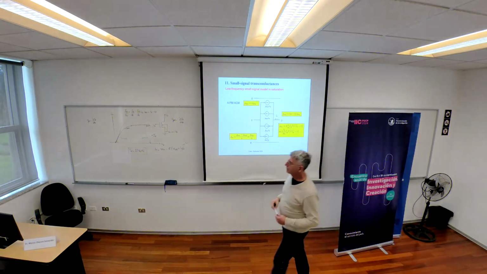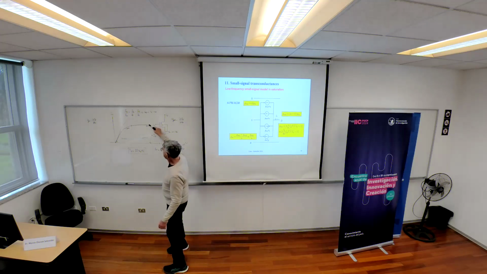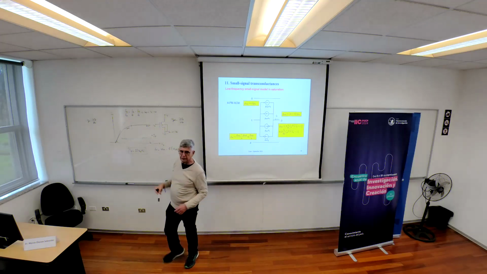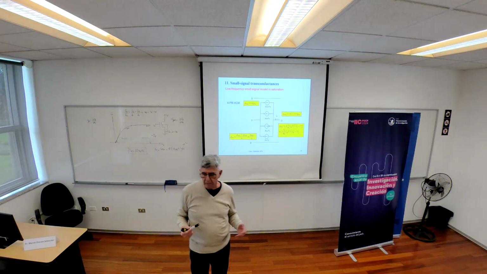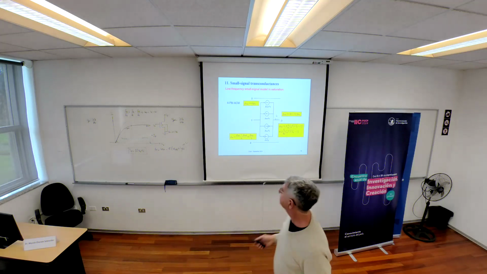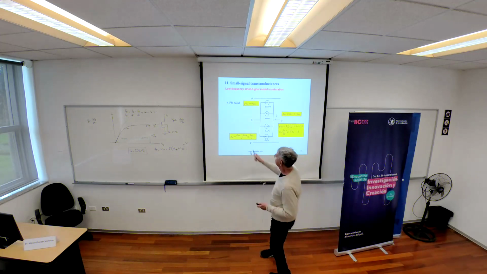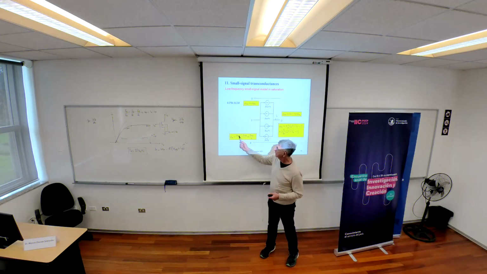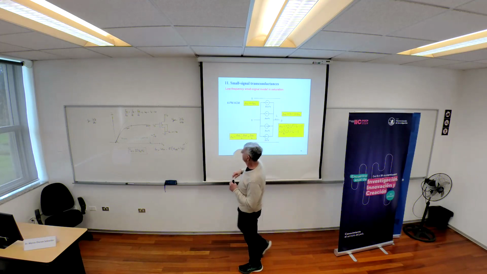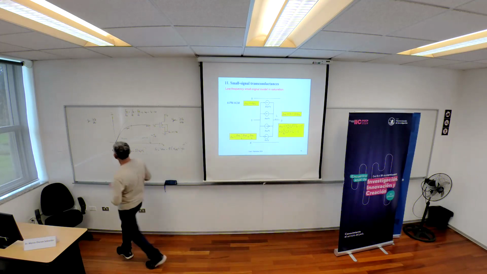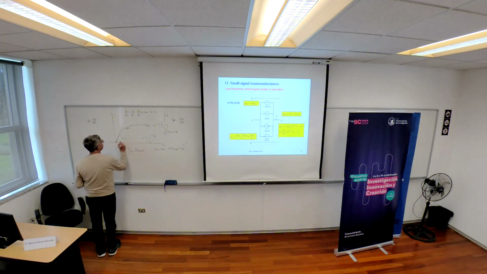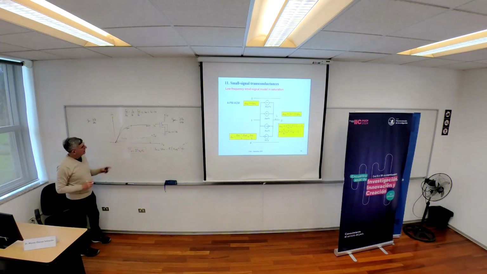Operation in this region means that IR is much smaller than IF. Is that clear? This approximation is also valid because GMS is the slope here. But this is not GMD.